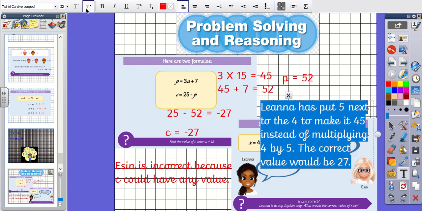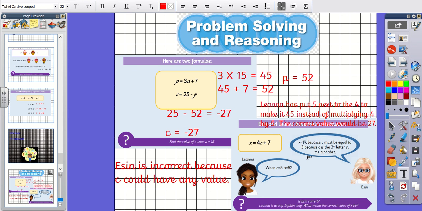So let's just go through that again. Liana has put 5 next to the 4 because she's put 4C, so she's just replaced that C with a 5, when we know that if a number comes before a letter, we need to multiply. So that's where her mistake would be. So it should be 4 times 5 if she's saying that C is 5, which would give us 20. Add 7, which would make X equal to 27.